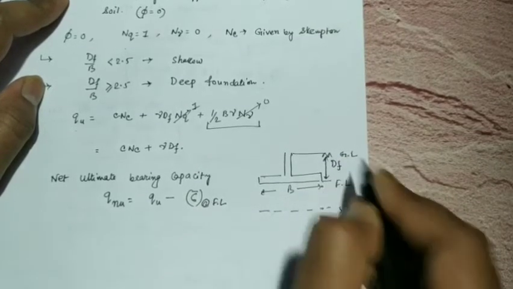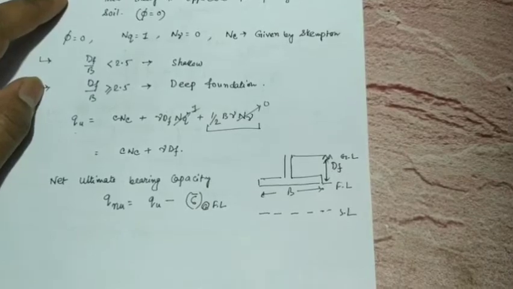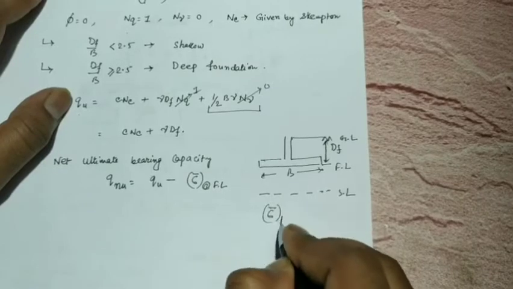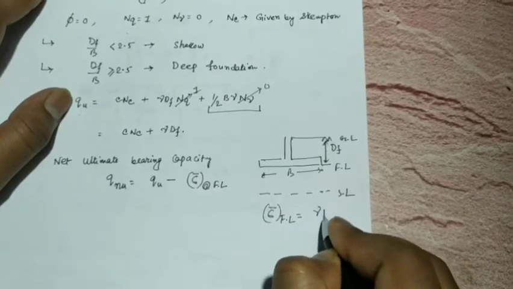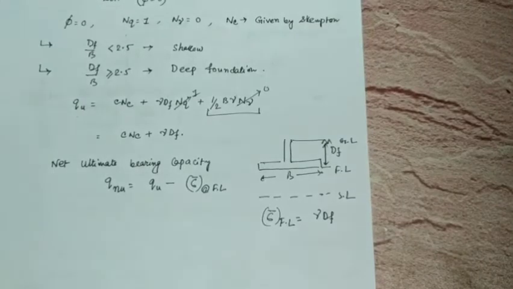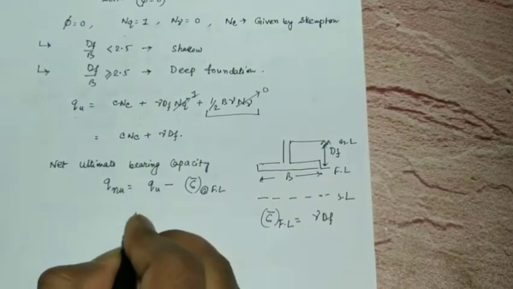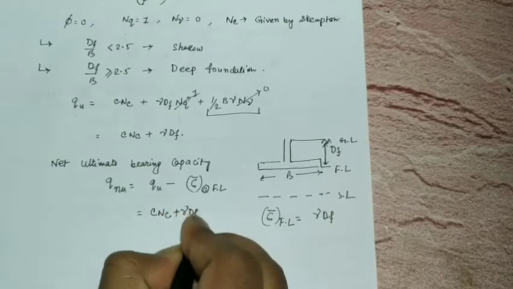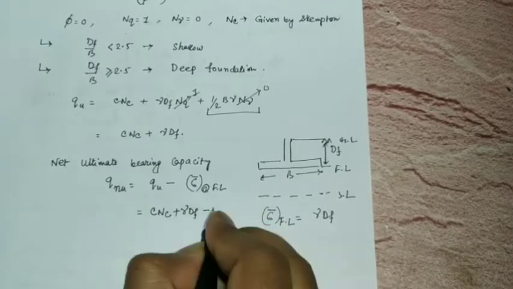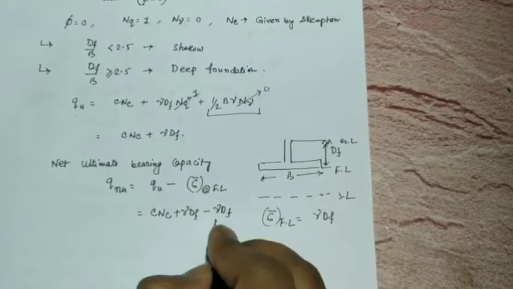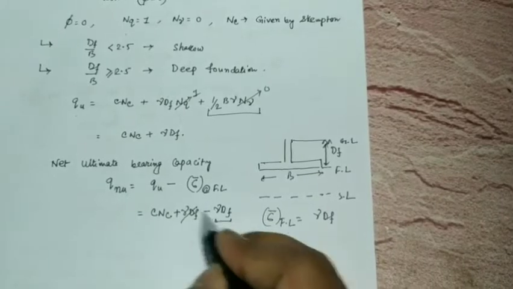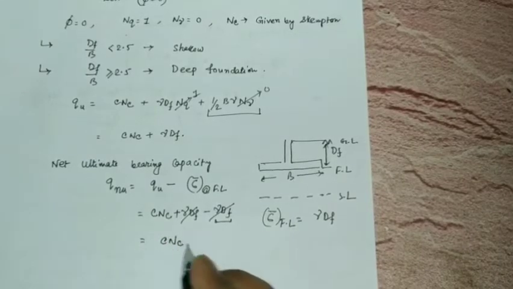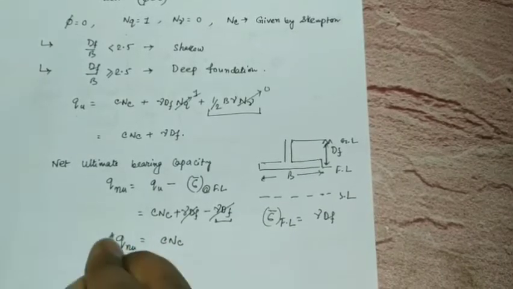Then the effective stress at foundation level will be gamma into Df. So qnu = cNc + gamma Df minus gamma Df. The gamma Df cancels out, so only cNc is left. So qnu is equal to cNc.